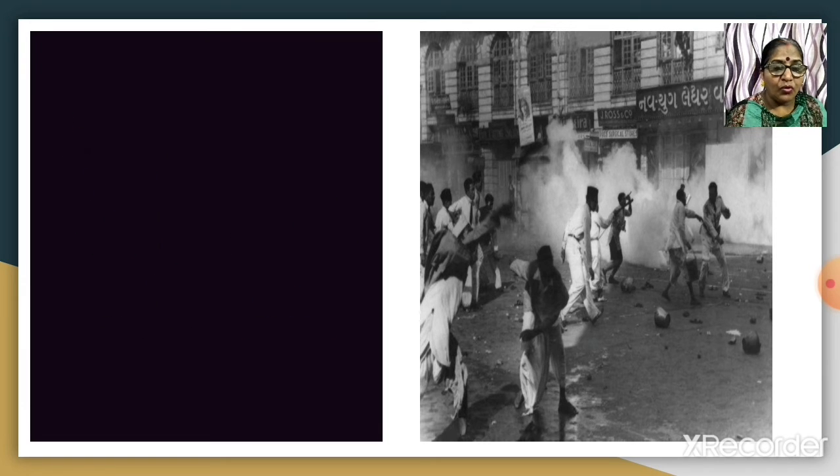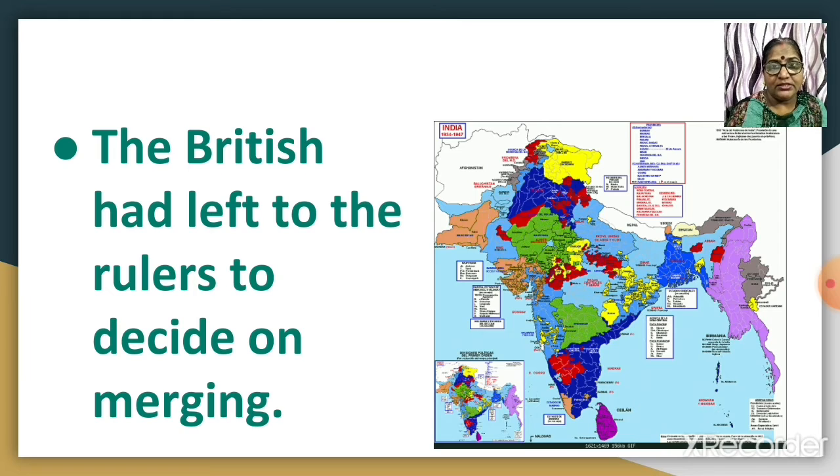Now let's move on to our next. Let's continue. The British had left it to the rulers, the kings of the princely states, to decide whether they wanted to merge with India or Pakistan or remain independent.